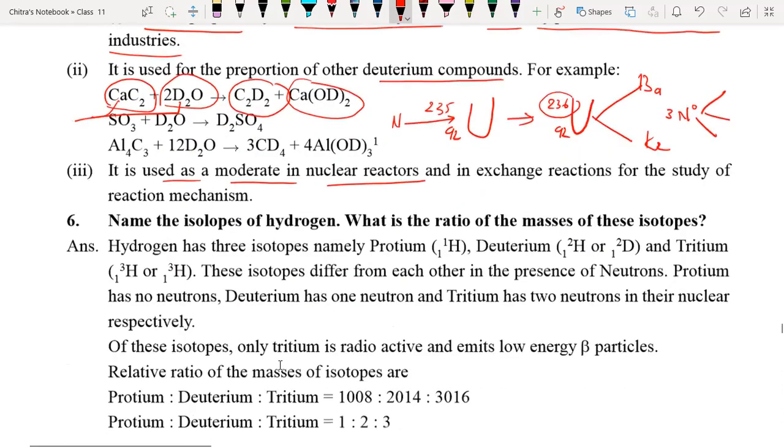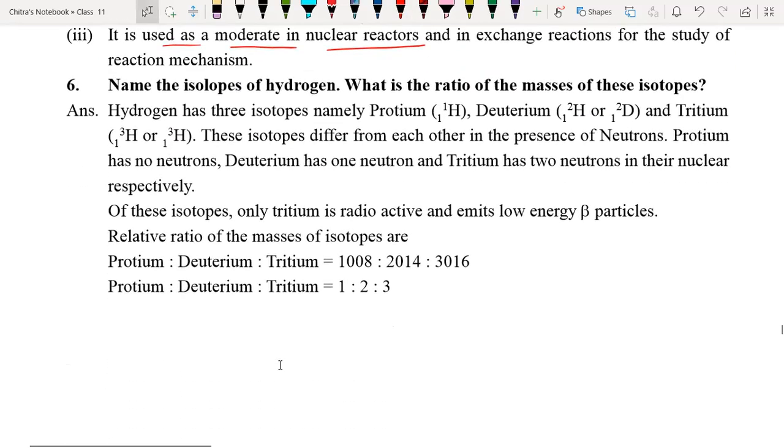Name the isotopes of hydrogen. So we have three isotopes of hydrogen. I am writing here. See, one hydrogen has atomic number 1, the other also has atomic number 1, and the third one also has atomic number 1. But the atomic mass of the first hydrogen is 1, only a proton is present here. Here we have atomic mass 2 and here we have atomic mass 3. So the first one is called protium, because only a proton is present in its nucleus.